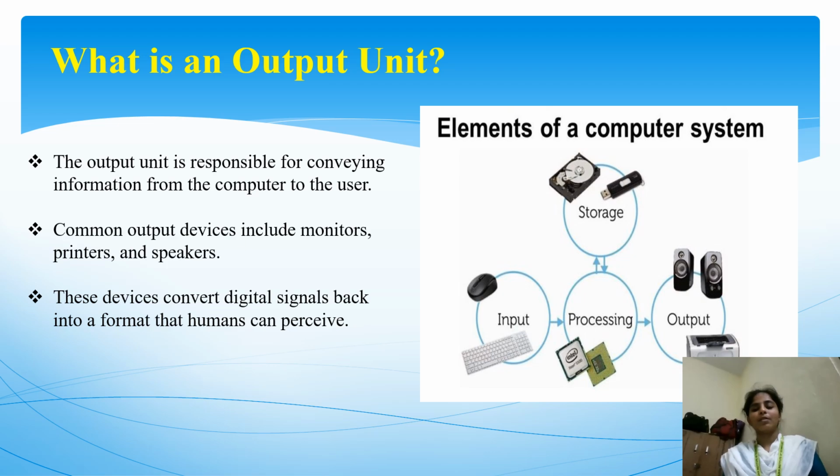The elements of computer systems include storage, which stores the information given by the user. While we give the input, it is processed and then stored in the computer. After storing, it is processed again and returned as output.